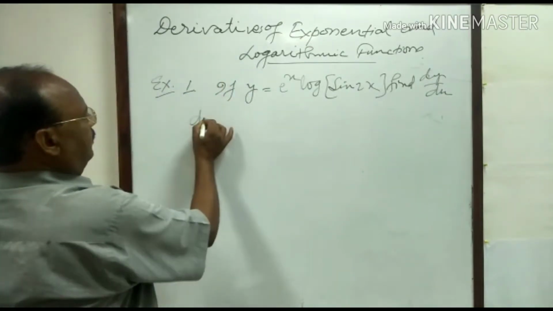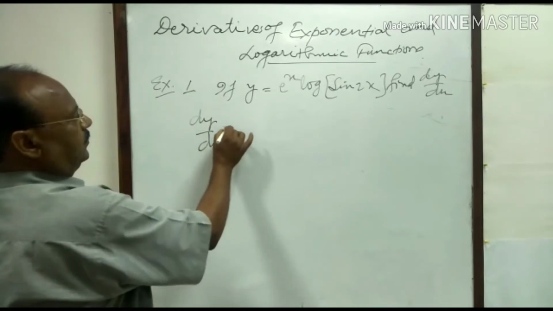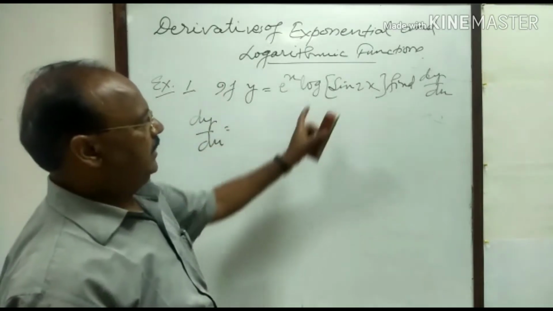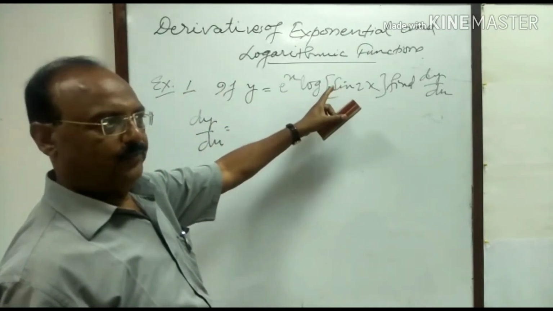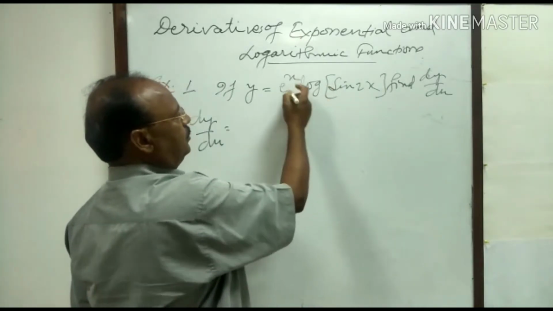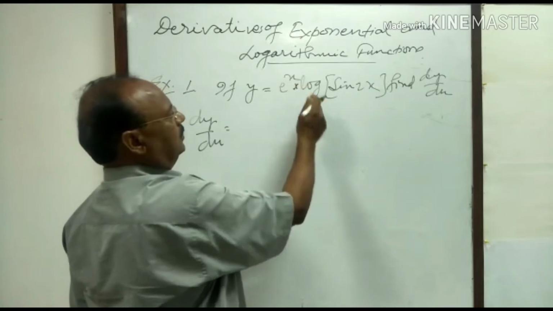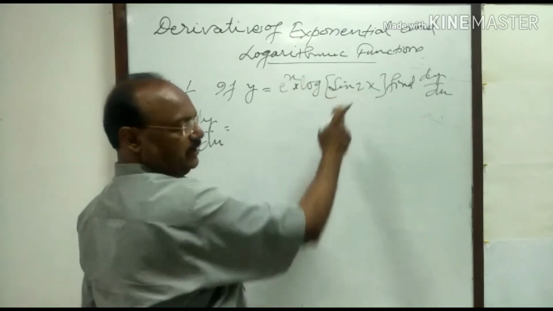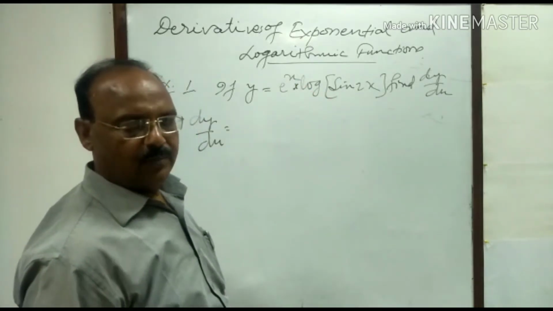So how can we get the derivative of y with respect to x here? We can apply here first of all the product rule. So this is a product of these two functions, e to the power x into log of sine 2x. So recall the product rule.